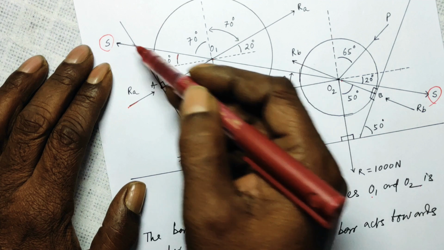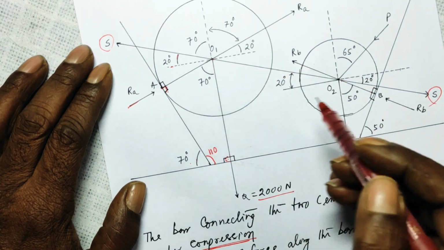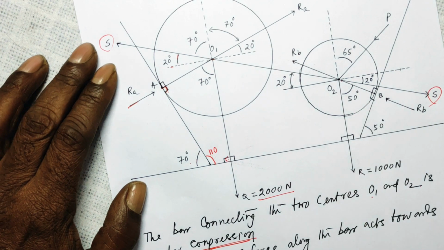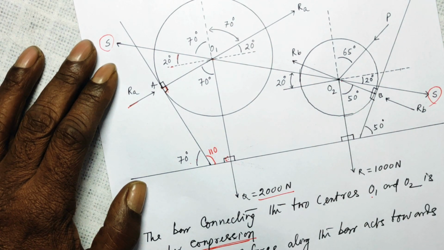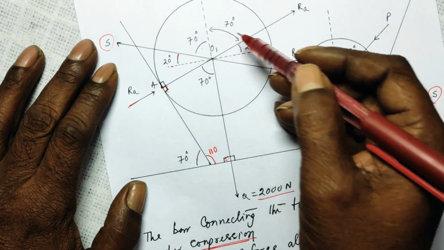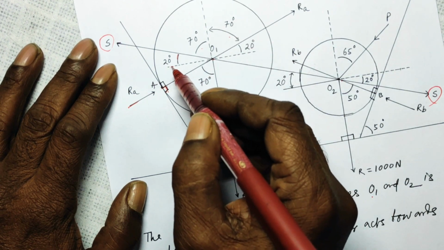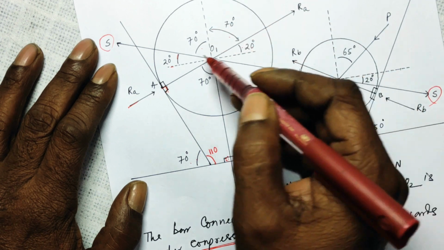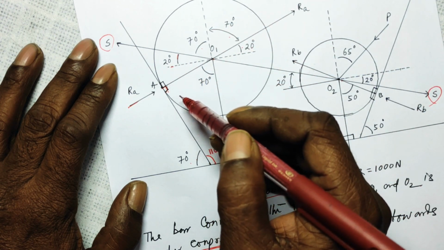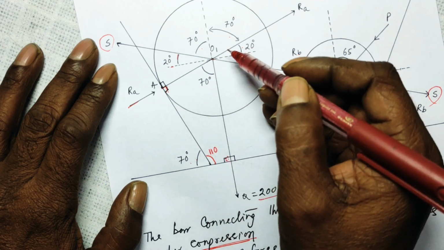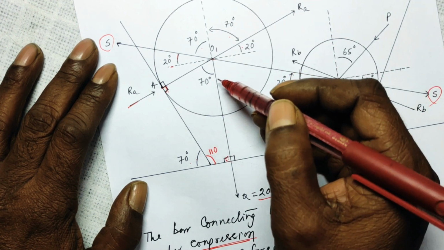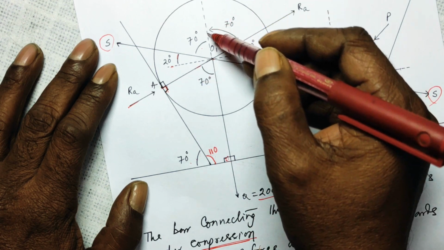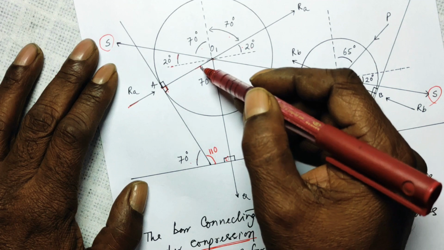For this cylinder, this S is to this side, and for this cylinder, this S is to this side. Now then comes how this angle is 70, this is 70, this is 20. If you draw a dotted line here, this is perpendicular, so this angle is vertically opposite to this 70, because this line and this line make angle 70 here.